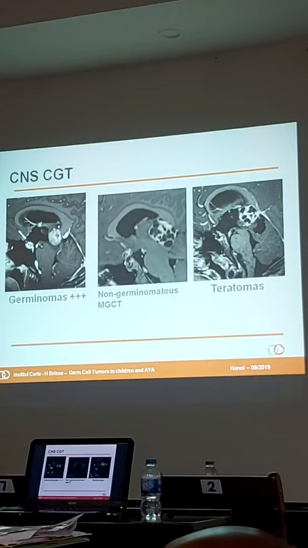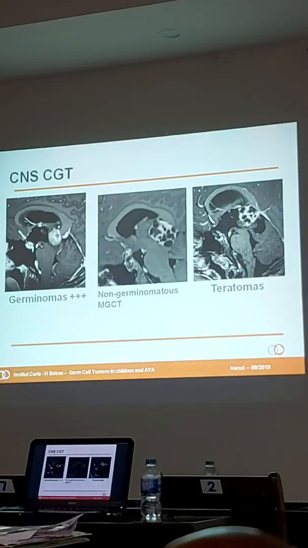So are we able to differentiate the different kinds of germ cell tumor in the brain? It's difficult. Usually germinomas look like homogeneous tumors with strong enhancement, and they regress very rapidly after chemotherapy.